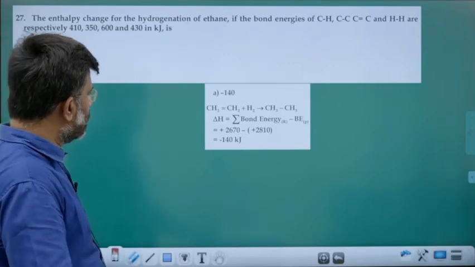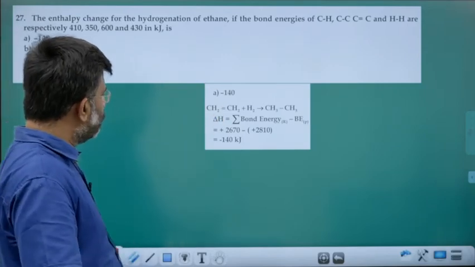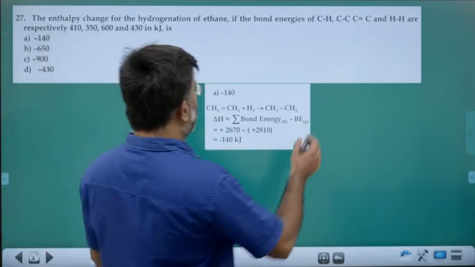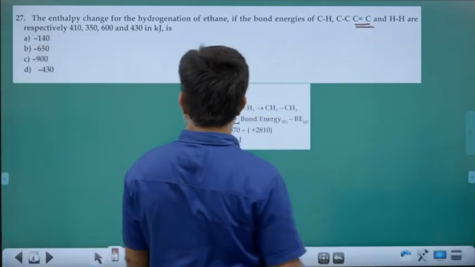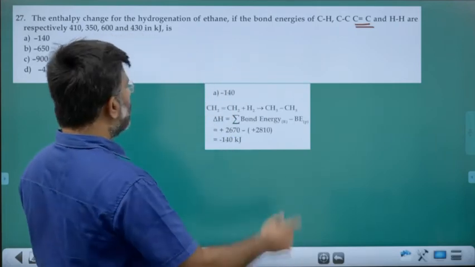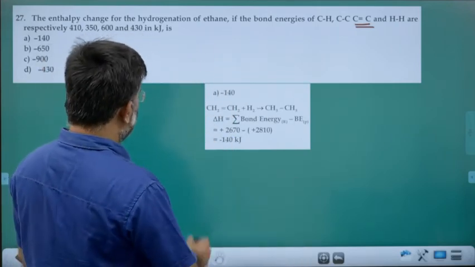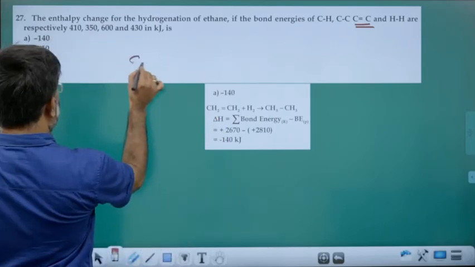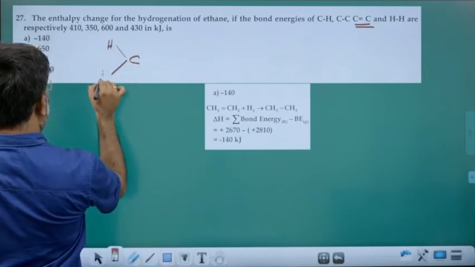What is reactant? This one and this one. So which data? Carbon-carbon, this data. You take this data plus CH data. CH data how much? There are 2 plus 2, you see, ethene.